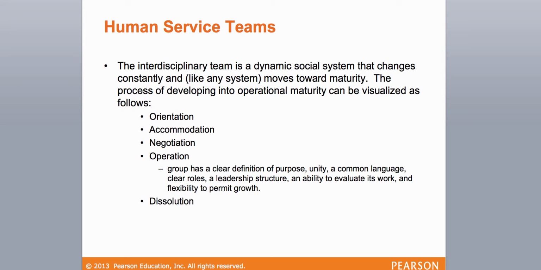But really during the operation phase, which is two or three steps down in this process, the group should have a very clear definition by that time of what its purpose is. It should have a common language, clear roles, good leadership structure, an ability always to evaluate its own work, and flexibility that will permit the growth that keeps it from dissolving, so to speak.